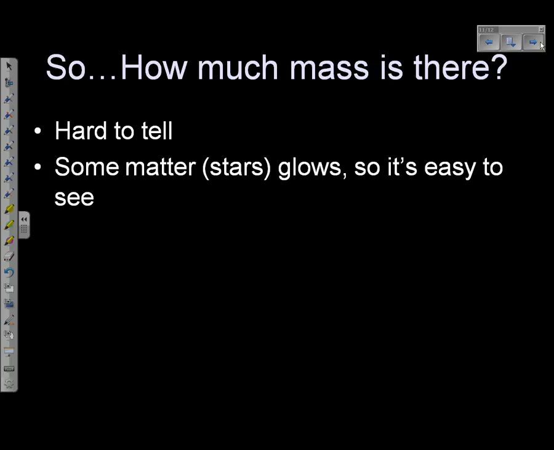There's a lot of stuff out there, and some things maybe don't reflect the light of the flashlight. And if they don't reflect the light, would we ever know that they're there?